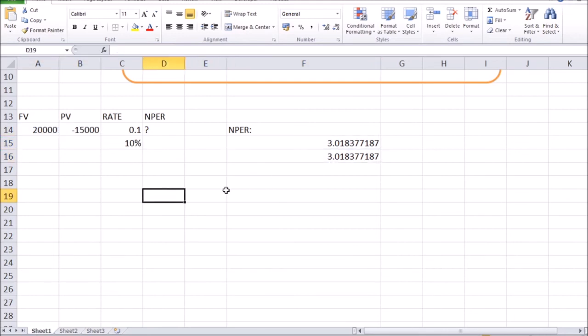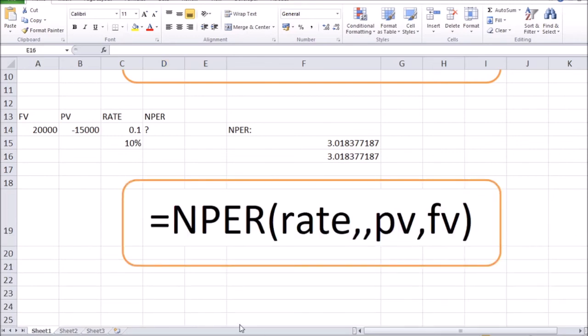Okay, so again, that's perhaps the second most important formula for you to remember, to highlight. So let's highlight this formula. What you're going to do is simply hit enter, type NPER, which stands for number of periods. Open the brackets, you're going to get the hints. The hints are going to be basically first enter the rate, then 2 commas to skip the PMT.